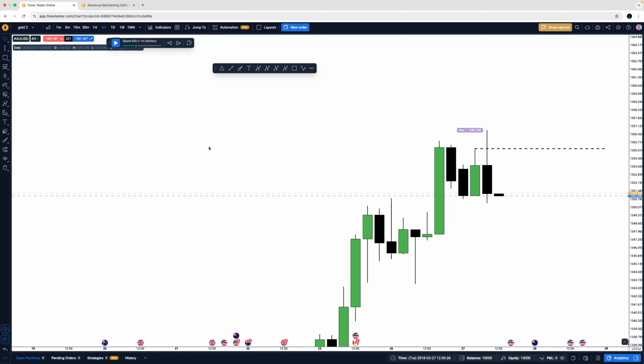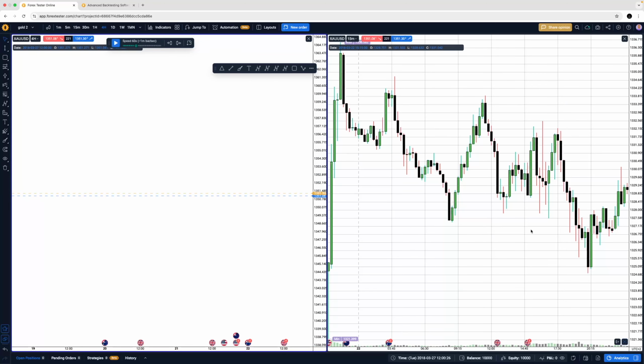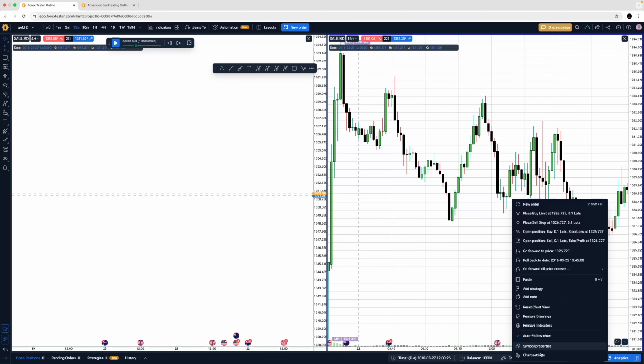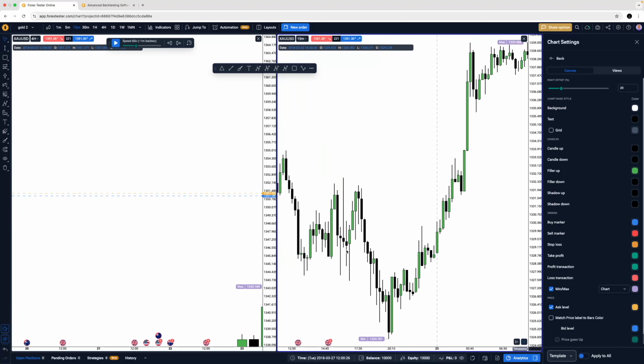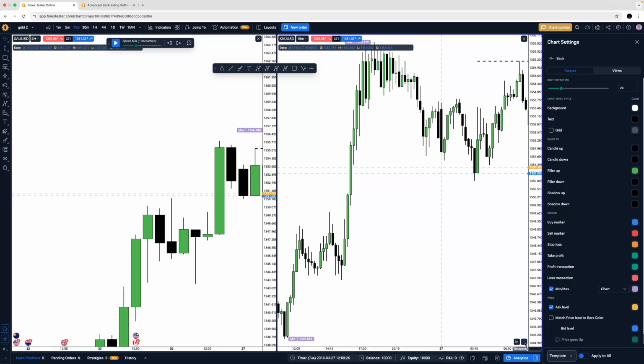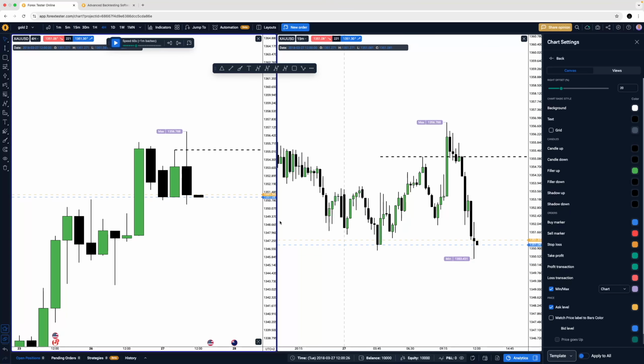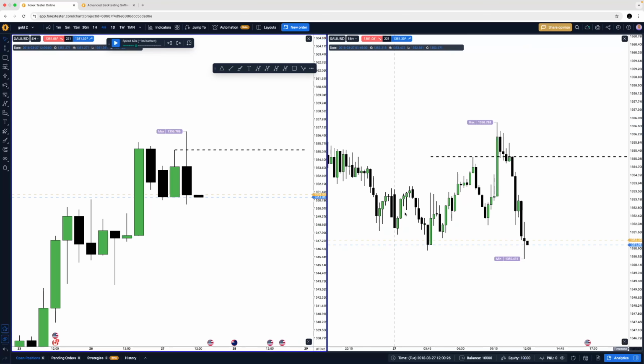So from here, let's say right now we want to enter the market in the lower time frame. Let me click here. Change the color. From here, we can see that we have the 2 time frames. We have the 4 hours right now, and then we have the 50 minutes.